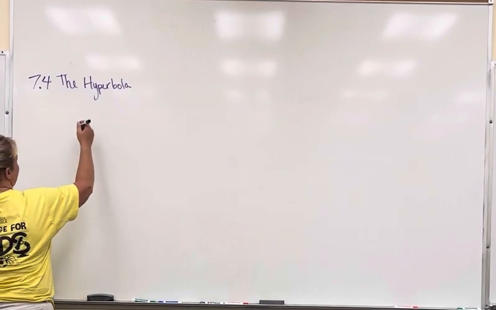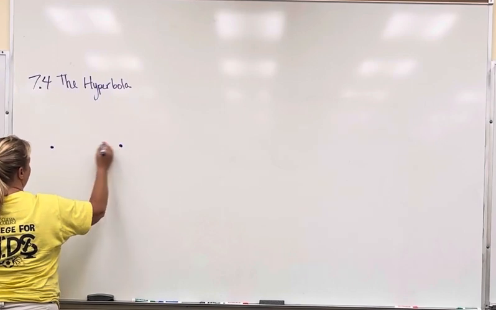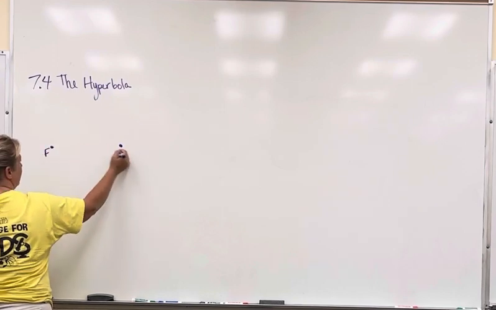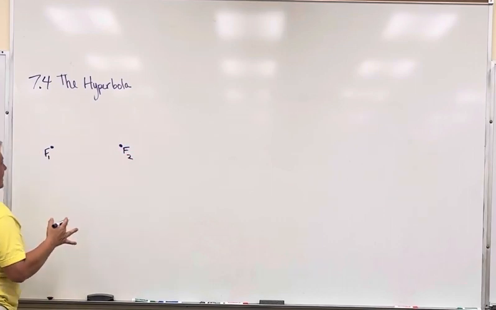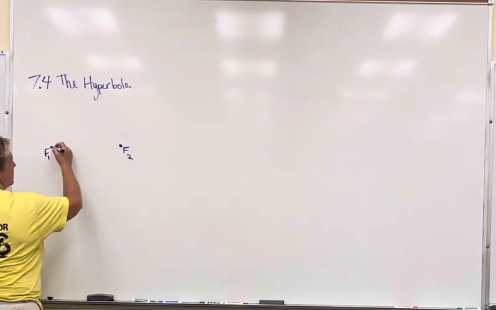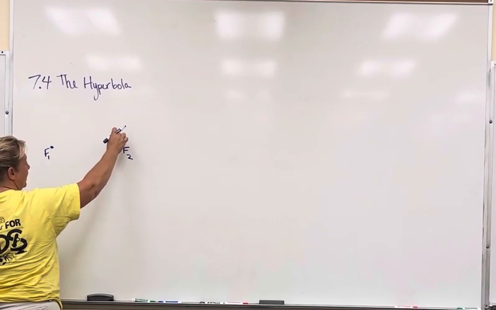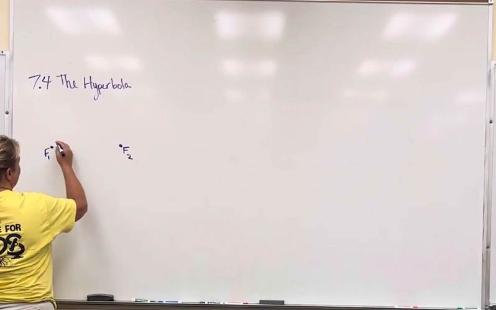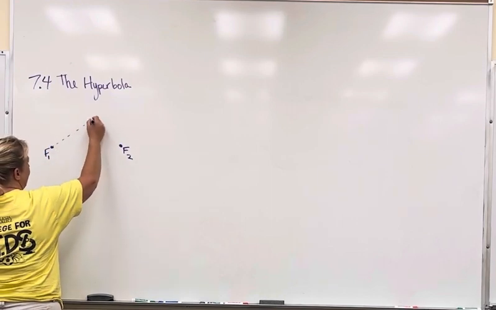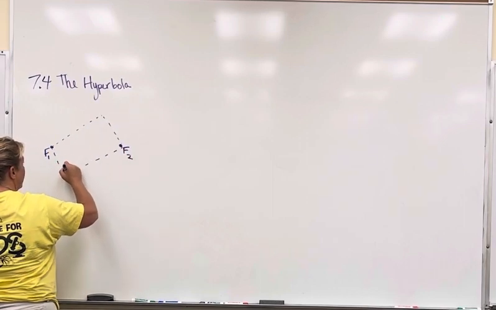So let's draw a picture first, and let's say we have two foci. So we'll have sub 1 and sub 2. So this time what we're going to do is, instead of just putting one line or one string and putting our pen in and going like this, what we actually do is we take, so there's our string, okay?